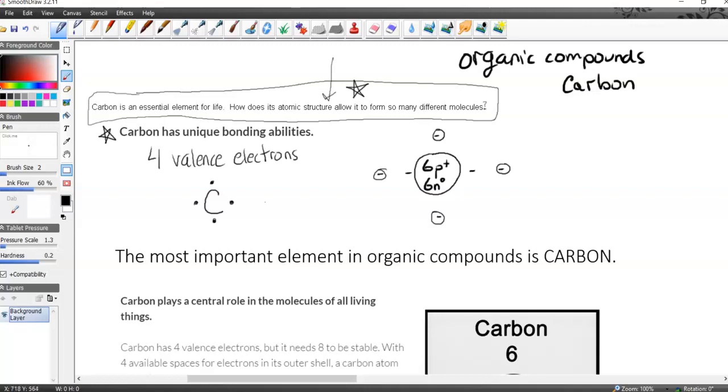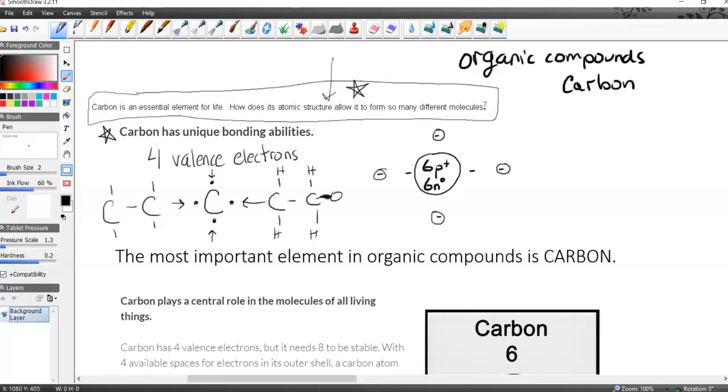Everywhere it has a valence electron, other atoms can come in and bond. So that makes it able to form a chemical bond in 4 different places. 1, 2, 3, 4. Other carbon atoms can come in and bond, so you can form these long chains of carbon. Now remember, it's got places to bond on top too. You can bring in hydrogen atoms. You could bring in oxygen atoms.